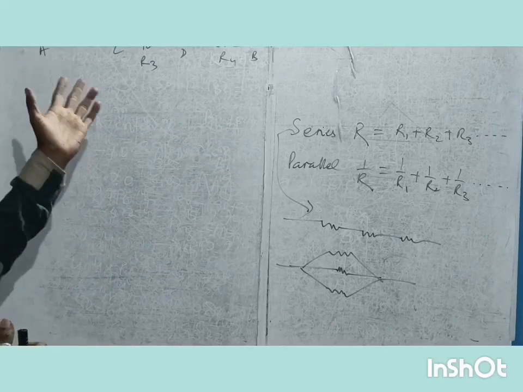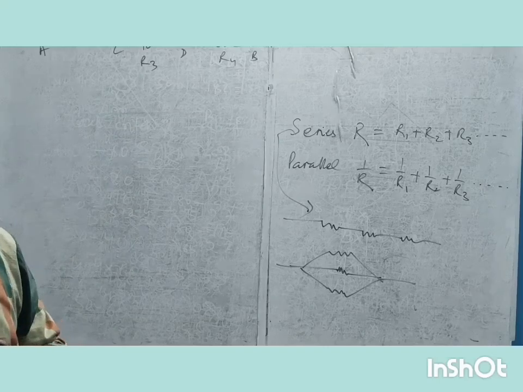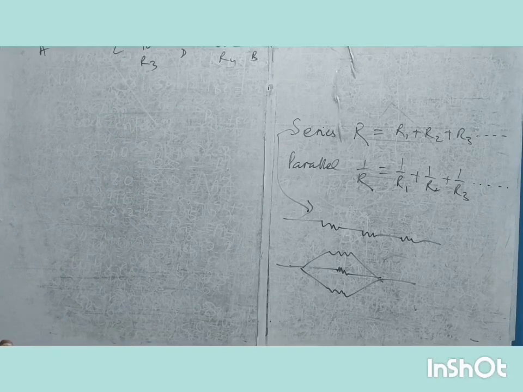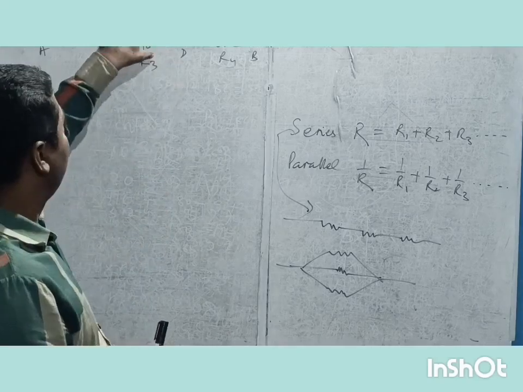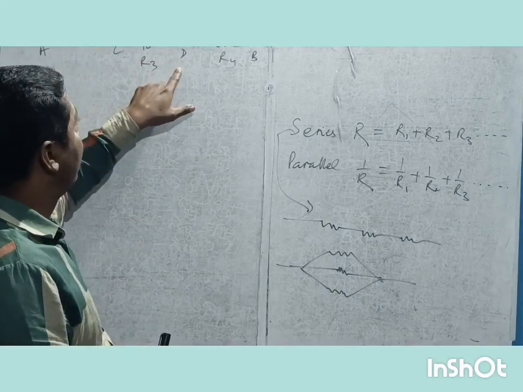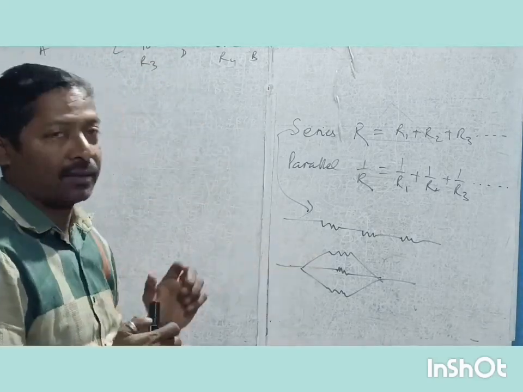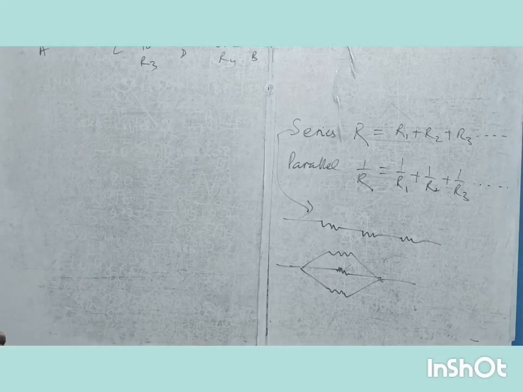So where there is parallel connection and where there is series connection, who can say? Between C and D, it looks like a parallel connection. Okay.